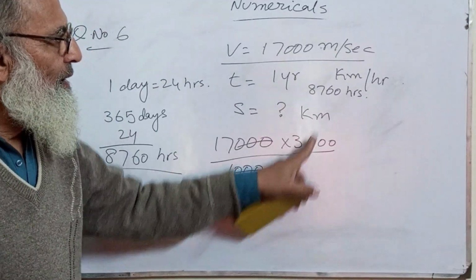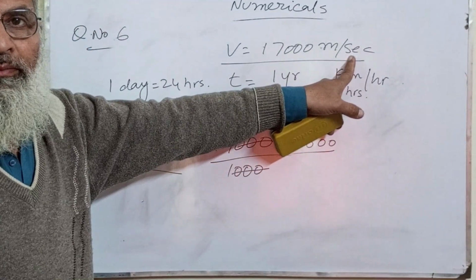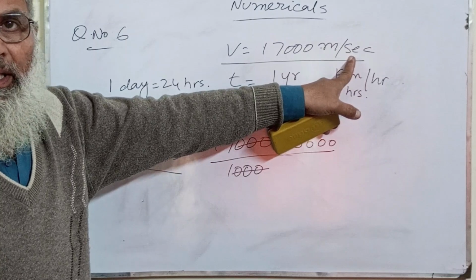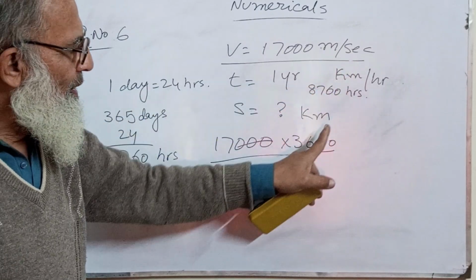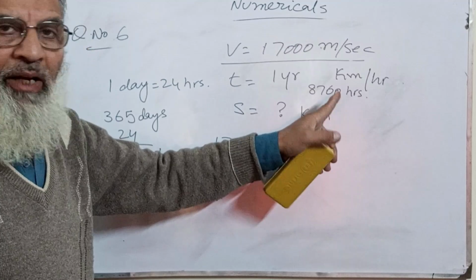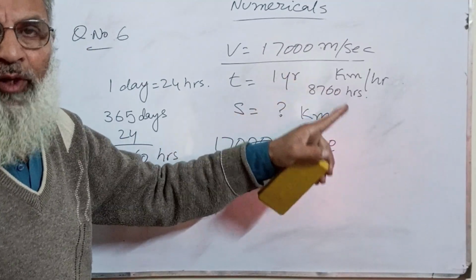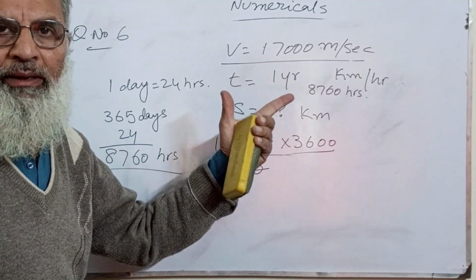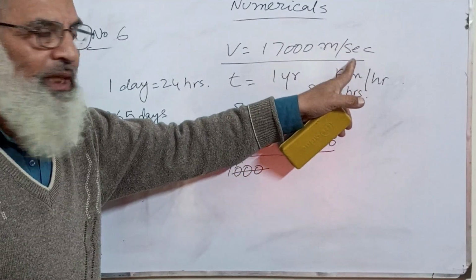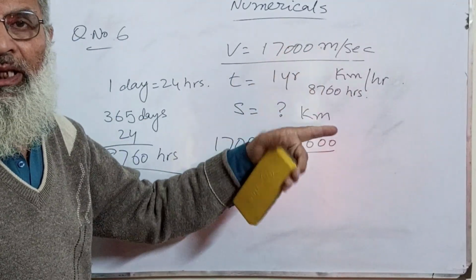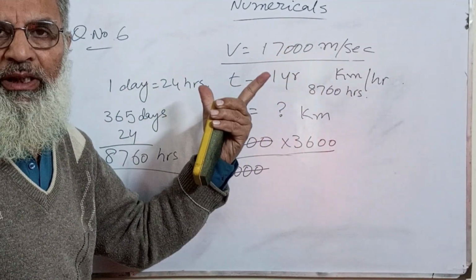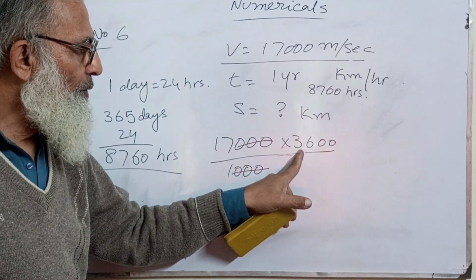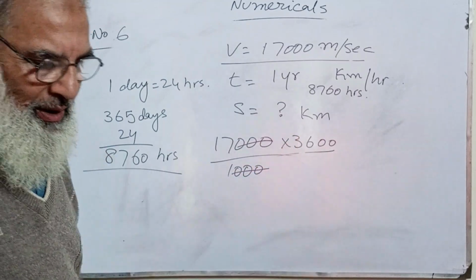Because this is in seconds, from second we have to change it into minutes, and from minutes into hours. From second to minute is 60, and from minutes to hours 60 again. So the total will be 3600.